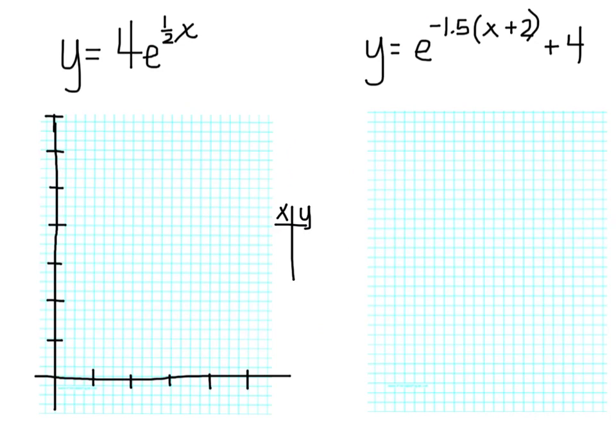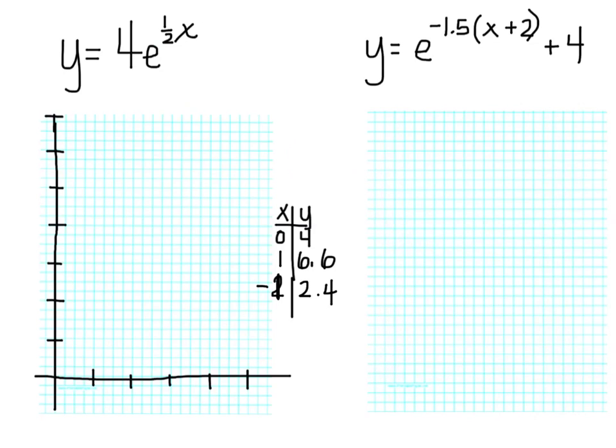So for the left graph, y equals 4e to the 1/2 x, 0 is going to be 4. 1 is going to be 6.6. And if I put in -1, we get 2.4.